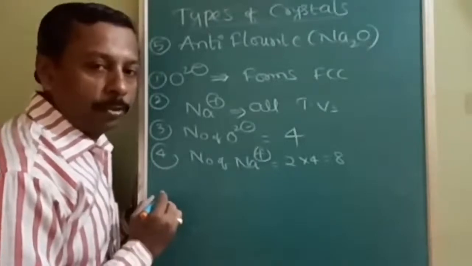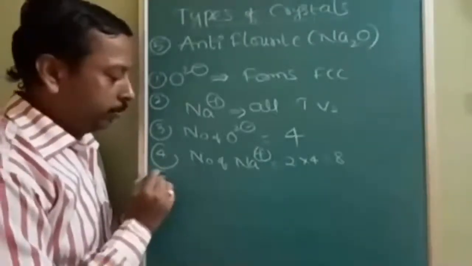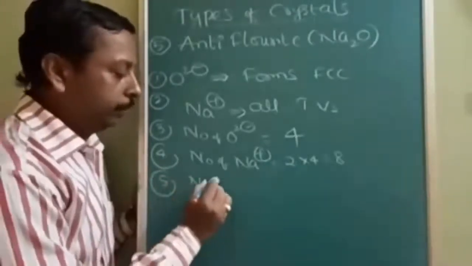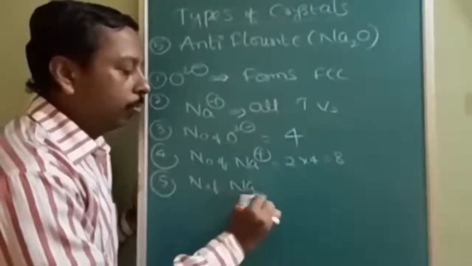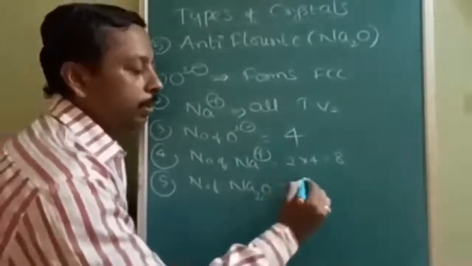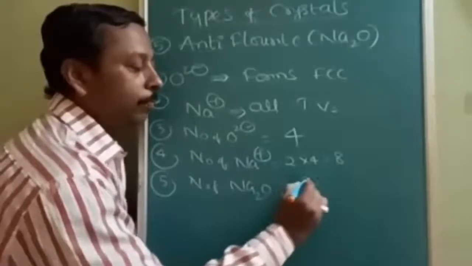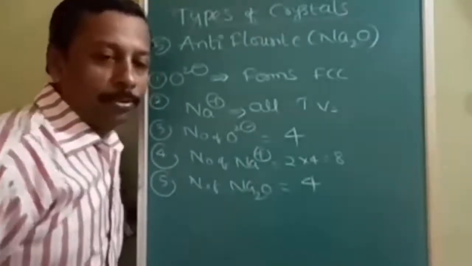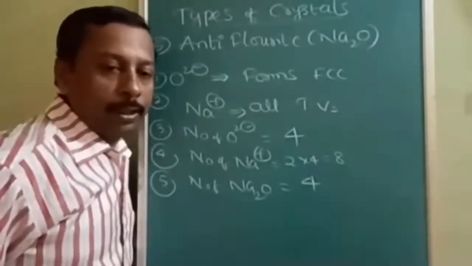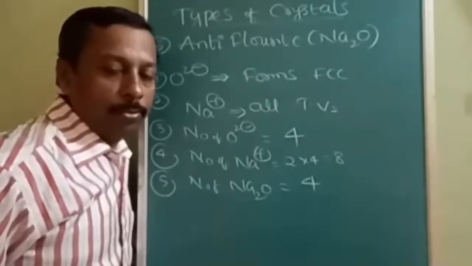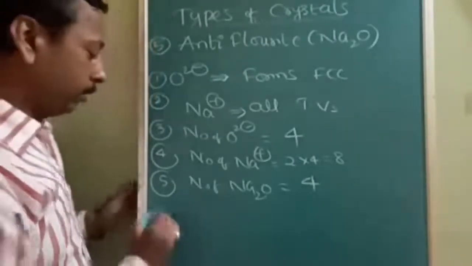What will be the next point? Next point should be number of Na2O. 8 plus 4 is not 12. Here it is 4 only. 8 sodium and 4 oxygen can form 4 Na2O. Any doubt about this?